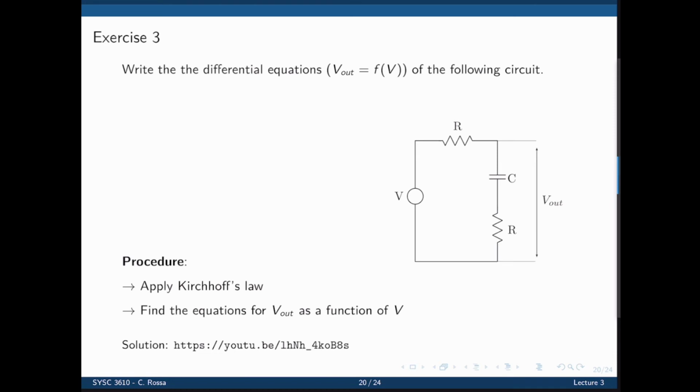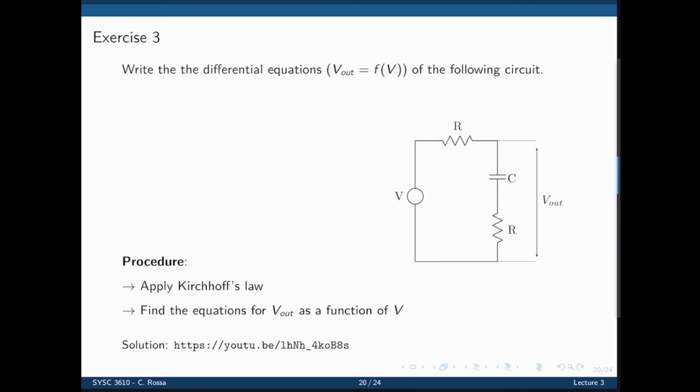So how many equations do we need to link V out and V in, the input to the system? What is the procedure? We cannot link V out and V in directly. We have to pass through the current in the circuit.